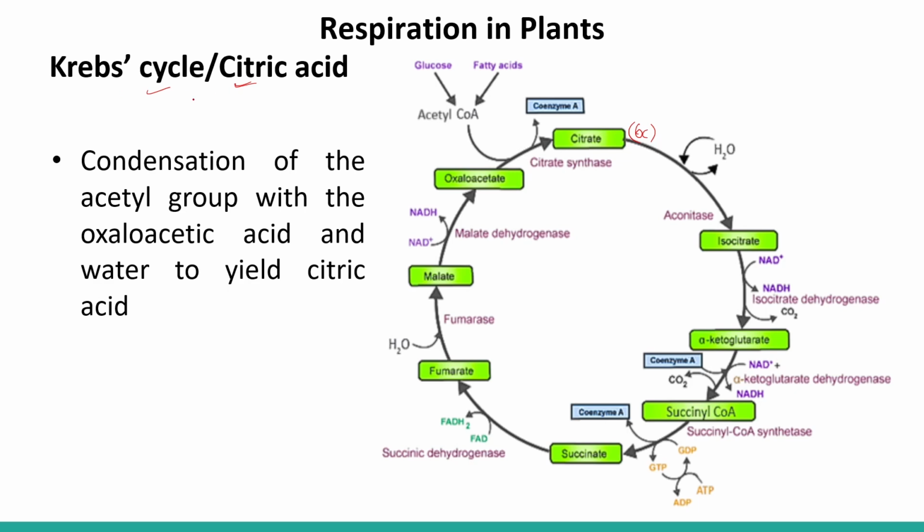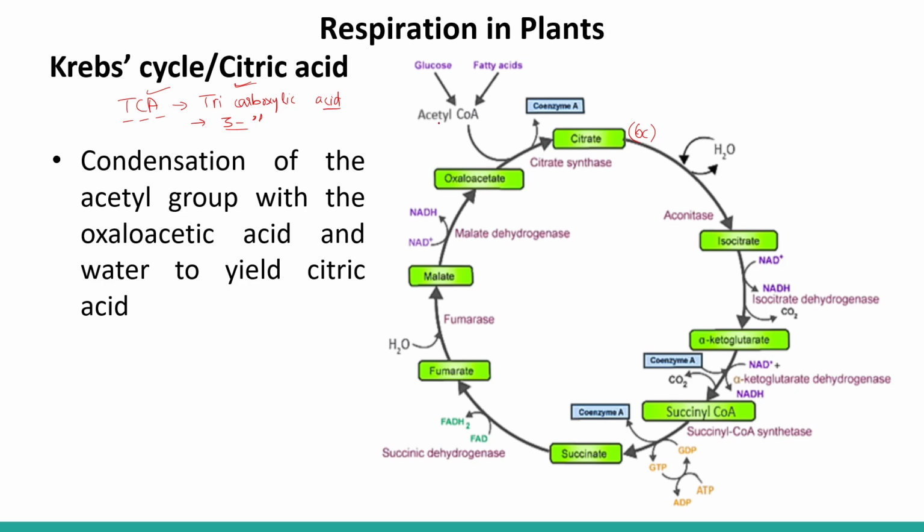Now the Krebs cycle is also called the TCA cycle, the tricarboxylic acid cycle. Why? Because 3 carboxylic groups are present. That's why tricarboxylic acid. So what happens during the Krebs cycle?